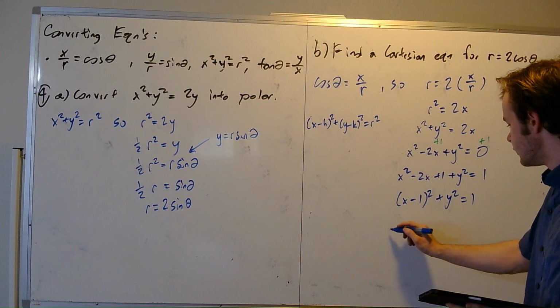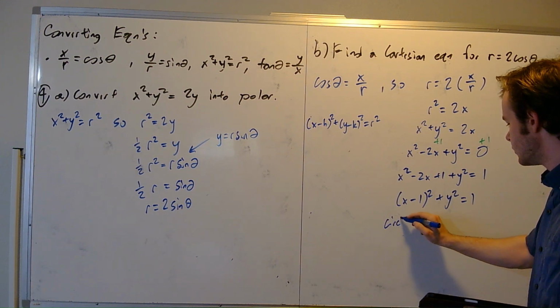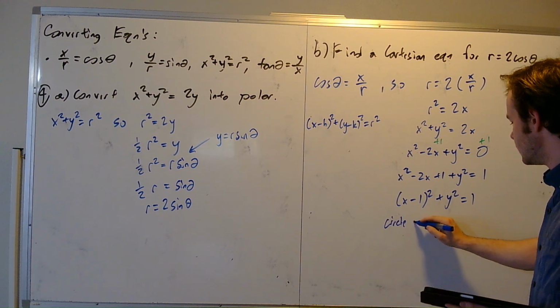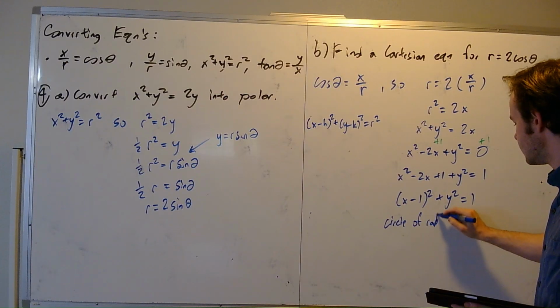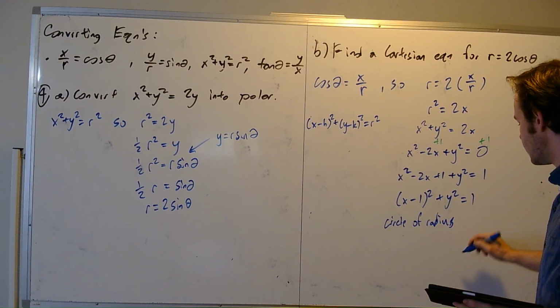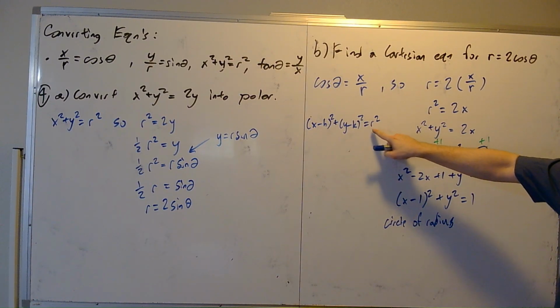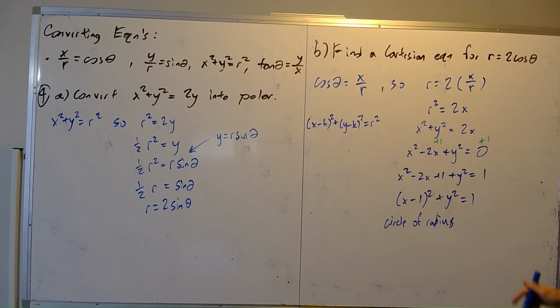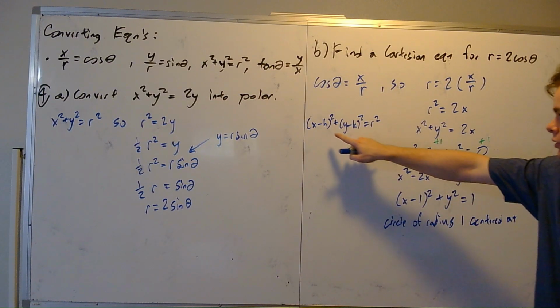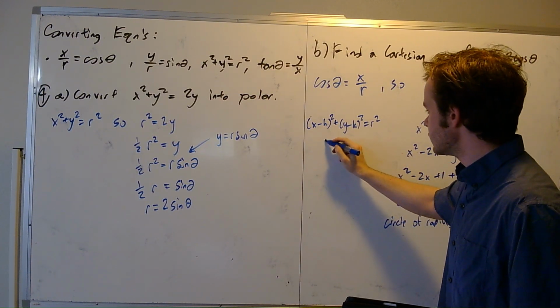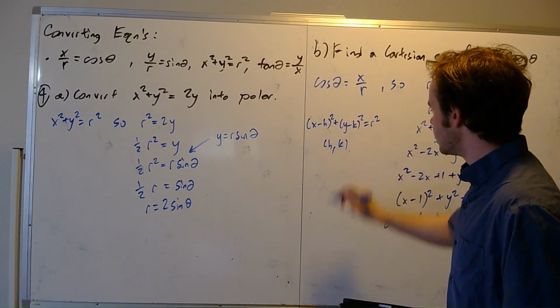So now this is a circle of radius, right? So the square root of this number is the radius, so the square root of 1, which is 1. It's a circle of radius 1, centered at, so this is going to be the equation of a circle that's centered at h, comma k.